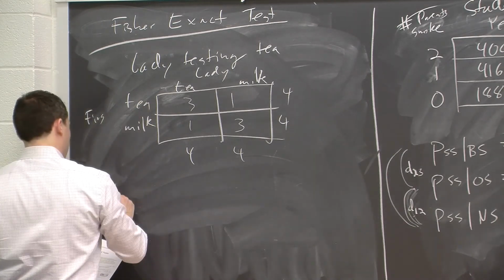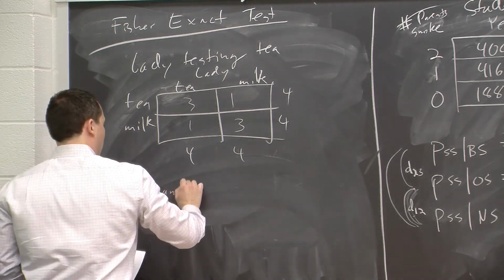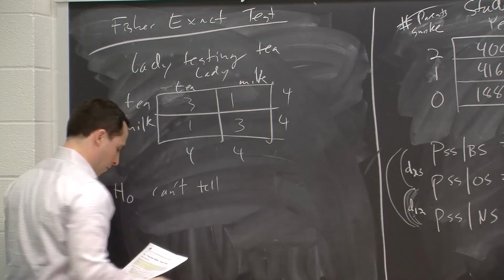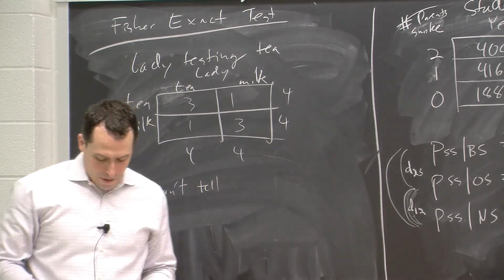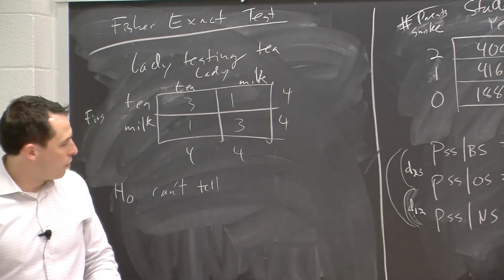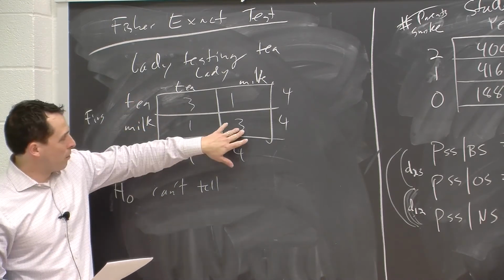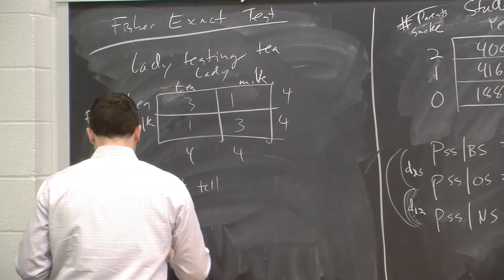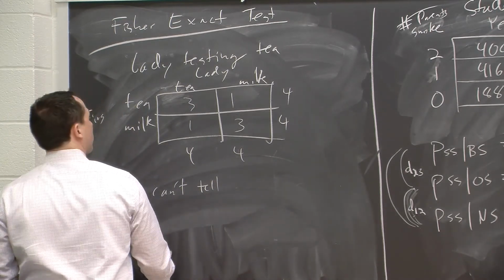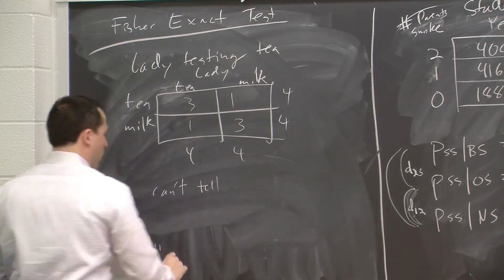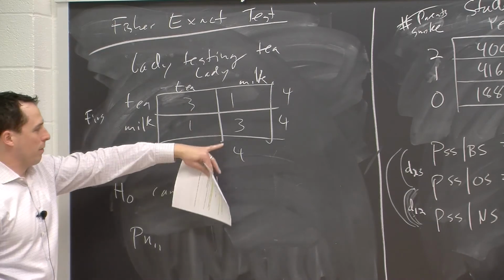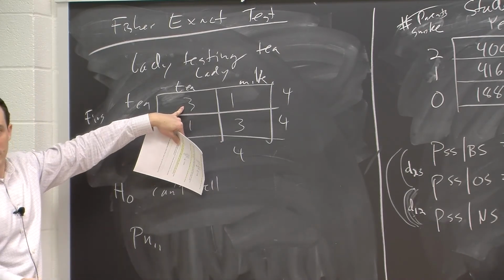So the null hypothesis is that she can't tell. And that would say that the cups that she drew as tea first were a random sample. The ones that she drew as milk first were a random sample. So the probability, once I fix one cell, because all the row and column totals are fixed, I can determine the rest of the cells.